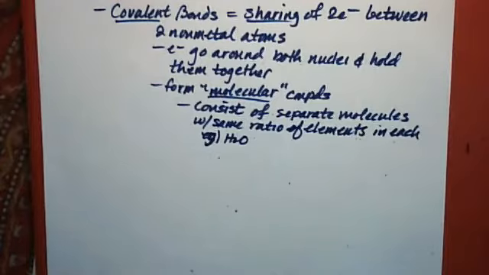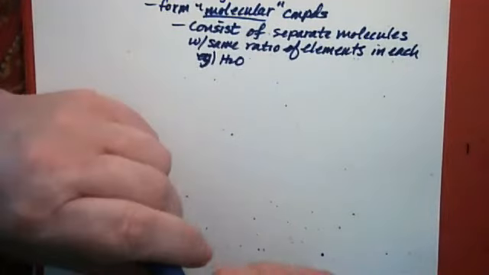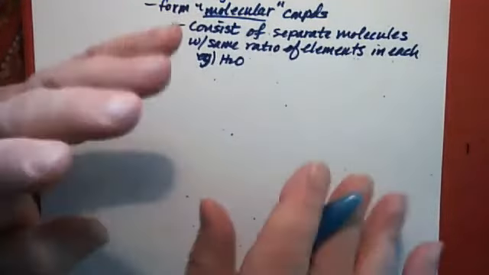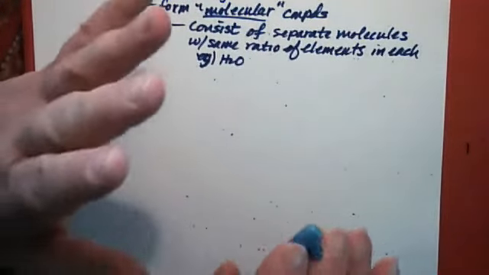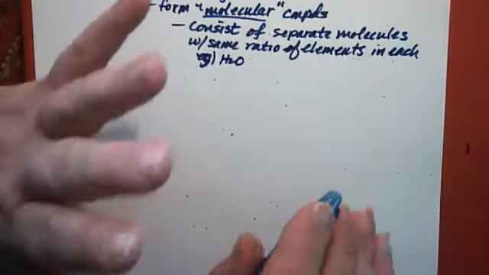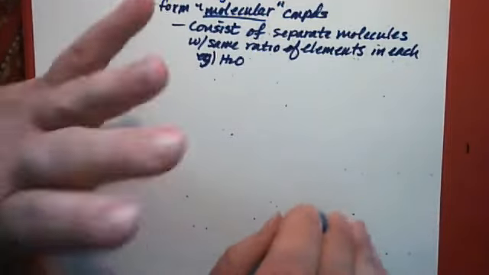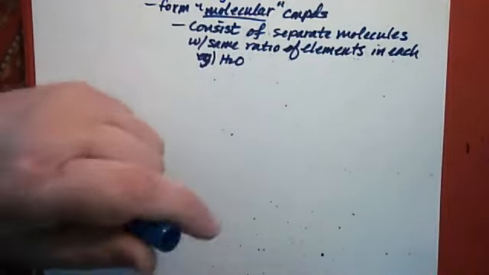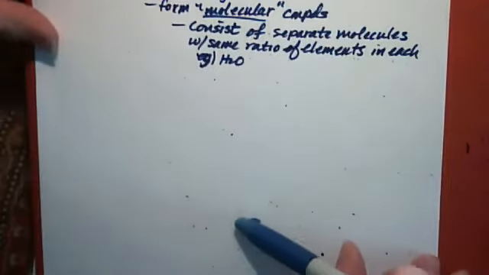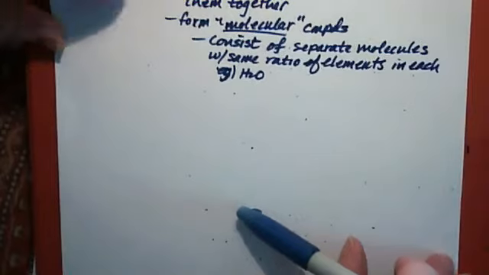H2O consists of a bunch of separate little particles, each of which has 2 hydrogens and 1 oxygen in it, and those are known as molecules. So ionic compounds don't actually exist as molecules. Sometimes we use the phrase molecule to reference something like NaCl, but technically it should actually be called a formula unit rather than a molecule, because ionic compounds, like I said, don't actually exist as molecules.